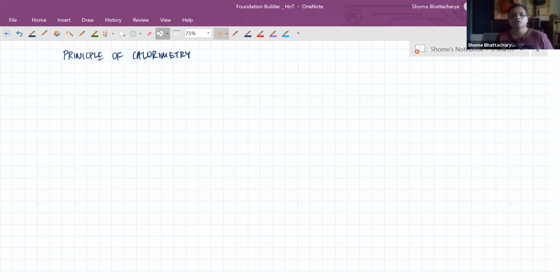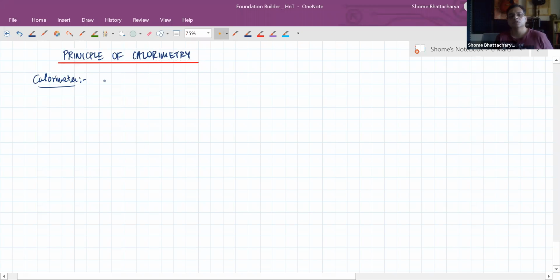So, the principle of calorimetry actually applies to a particular apparatus called calorimeter. So, a calorimeter is an apparatus used to measure heat exchange. Okay.